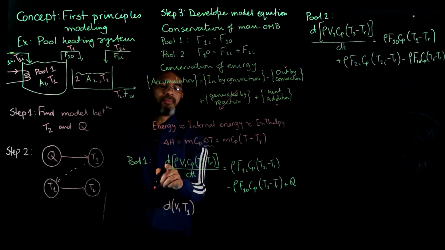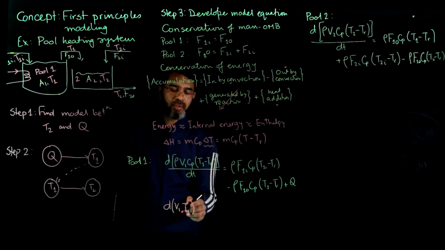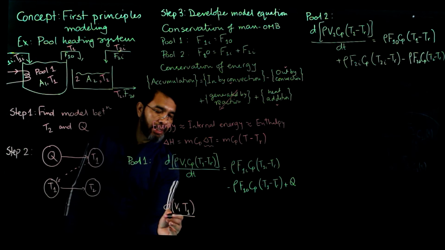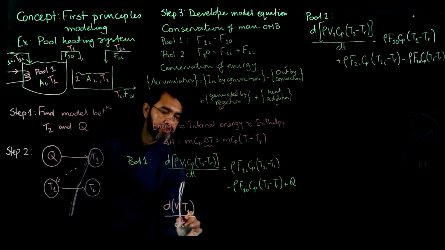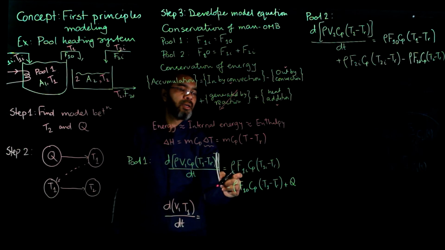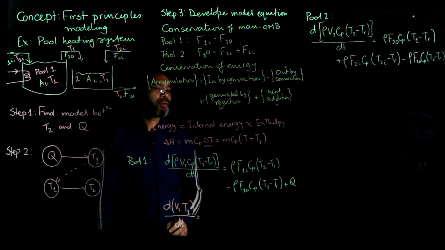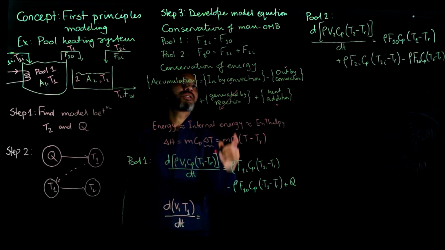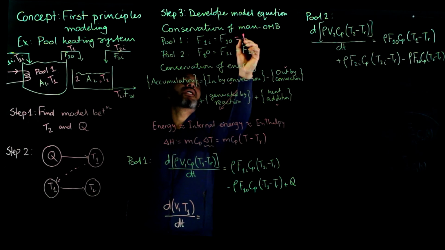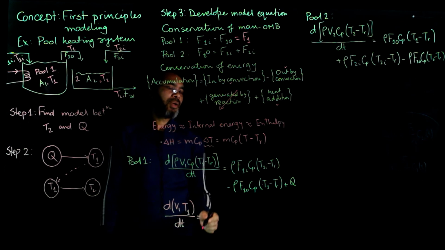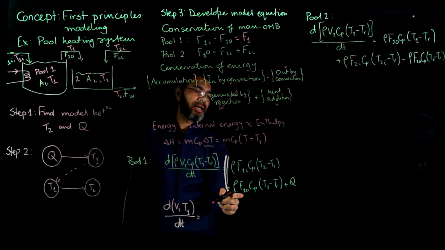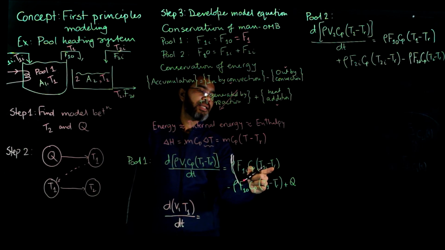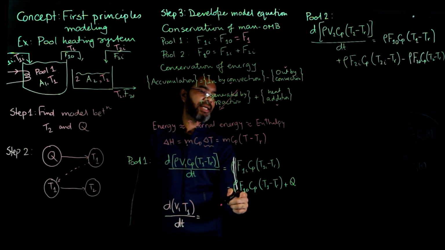So if we take the derivative on the reference, it becomes 0. So d(V1 T1)/dt will be, if we assume this one equals F1, we'll have F1 here, and you see that this reference temperature, when both are the same, the Tr term will cancel out.